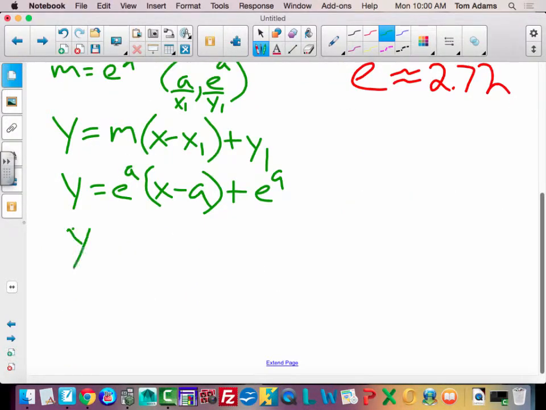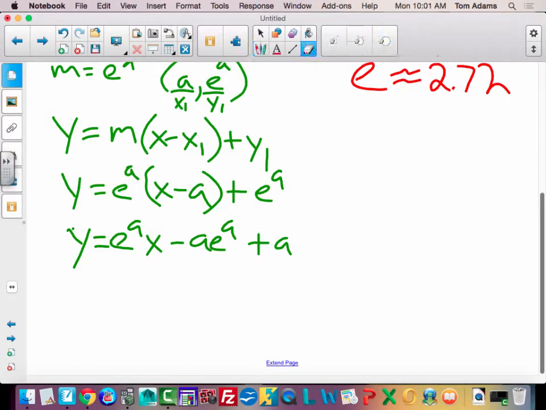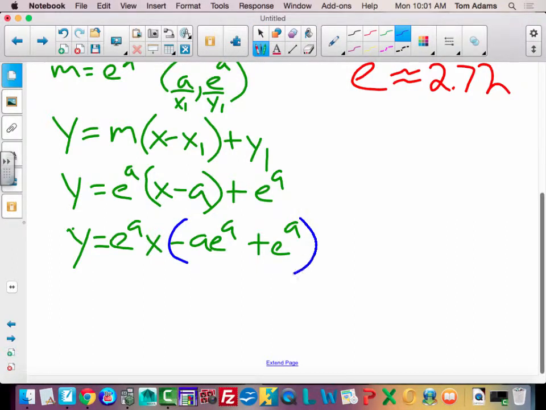All right, so if I distribute that through, I get e to the a times x, minus a times e to the a, plus e to the a. Whoops, wrote that wrong. Now at this point, remember that the tangent line is a line, so it should look like mx plus b.